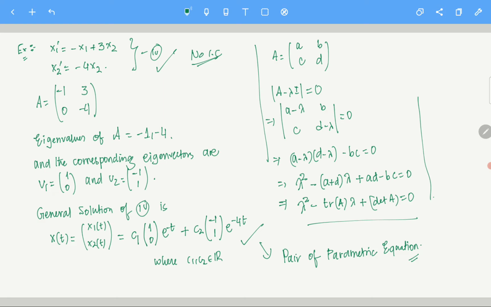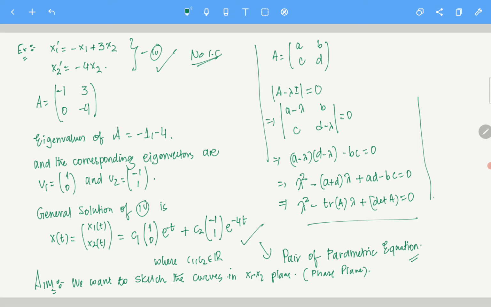Now our aim is this: we want to sketch the curves in the x1 x2 plane. This plane is called the phase plane.